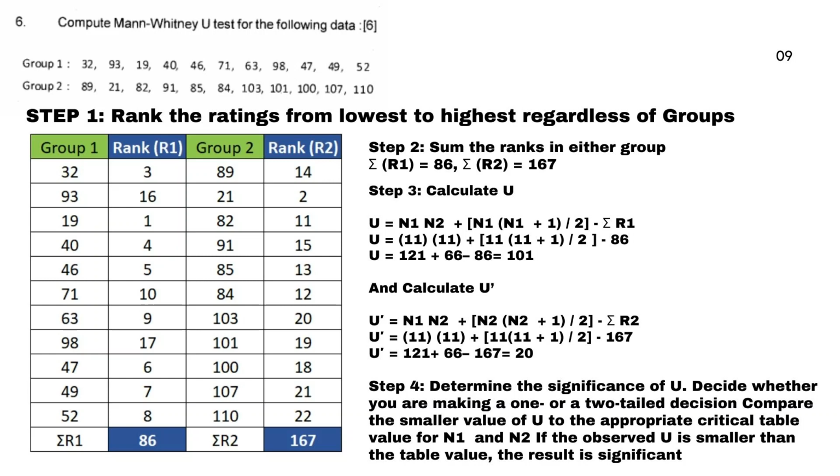Now I look for the smallest number out of both groups. Here 19 is the smallest number. If you see, I have ranked it 1. Then if you go to 21 in group 2, that is the second lowest number. So like that I have done.